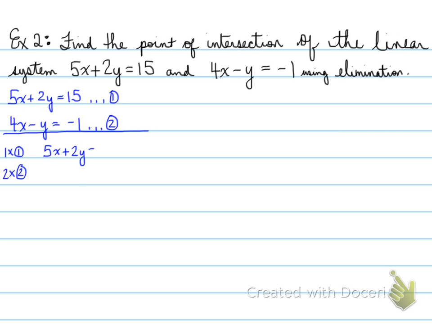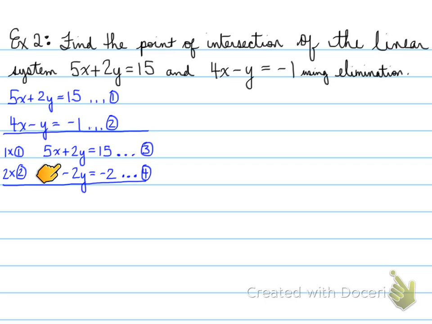So equation number 1, write it as it is. Equation number 2 is going to be 8x minus 2y is equal to negative 2. Remember, you multiplied this whole equation by positive 2, and that's what I did. So we have lines 3 and 4. So we've done the align, we've done the multiply, now we need to eliminate. How are we going to eliminate?